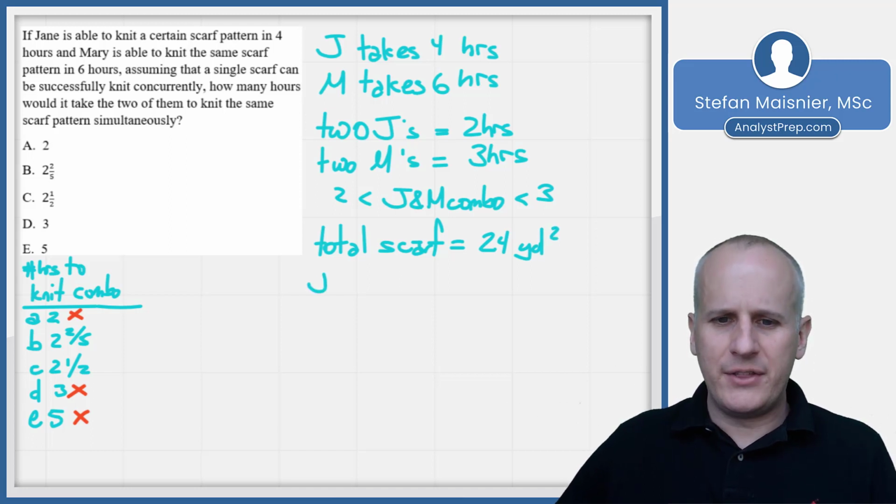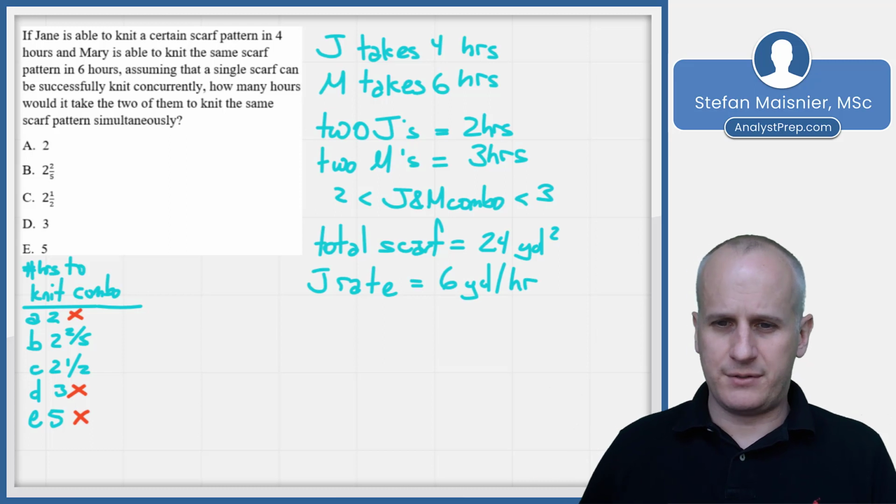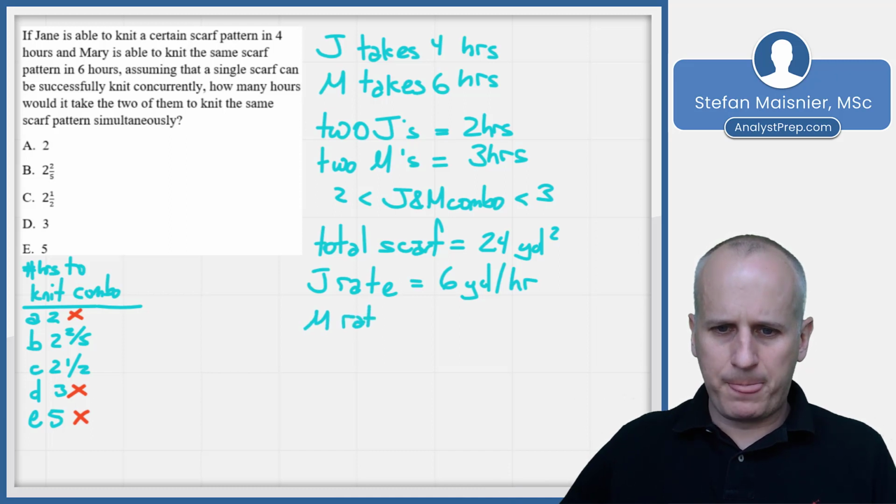So that means the J rate is going to be equal to 6 yards per hour, because Jane takes 4 hours, so 6 times 4 gives me my 24. My M rate would be equal to 4 yards per hour.